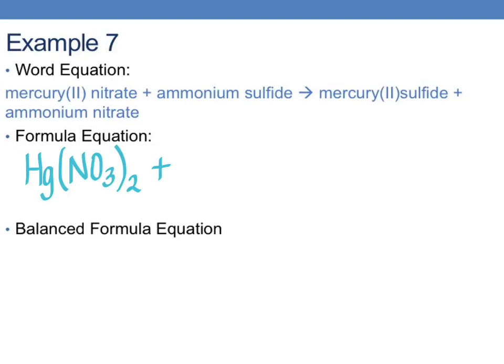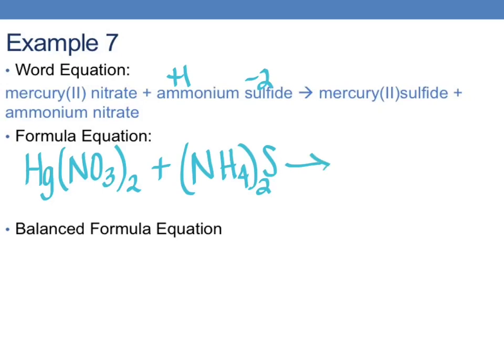Plus ammonium sulfide. Ammonium is NH4. Sulfur is S. Ammonium's a +1. Sulfur's a -2. So what's the ratio need to be? 2 to 1. So for every 2 NH4s, I need 1 sulfur.